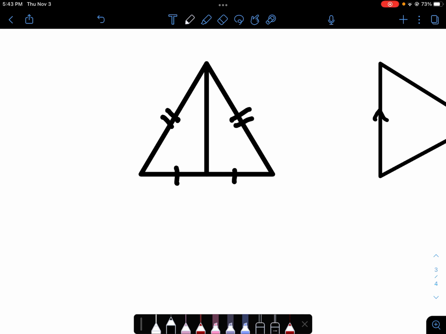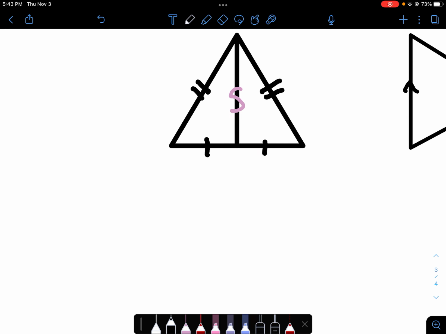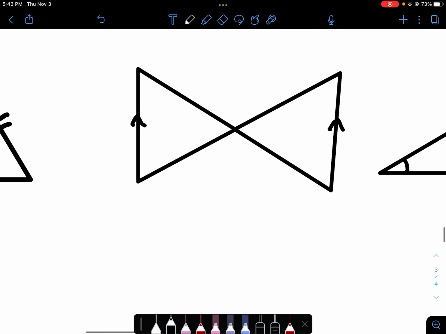We only have two determined sides. Well, you see this third side is shared. So that's what that little s means. It means that that side is common, shared, and it means that it's equal. So now we know that there are three congruent sides. So this is by S, S, S.